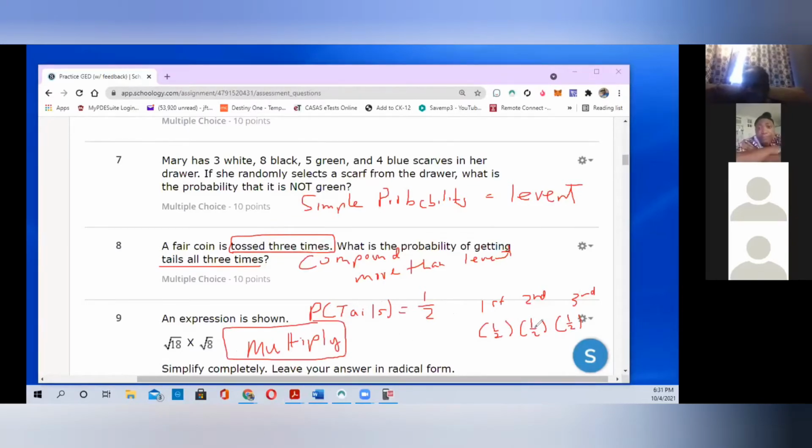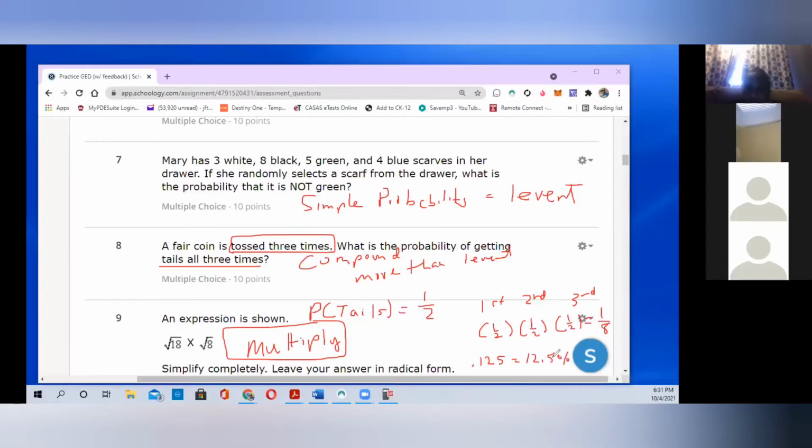So 1/2 times 1/2 times 1/2 is what? 1 over what? Nope. What's 2 times 2 times 2? 8. So 1/8 or 0.125 or 12.5%.